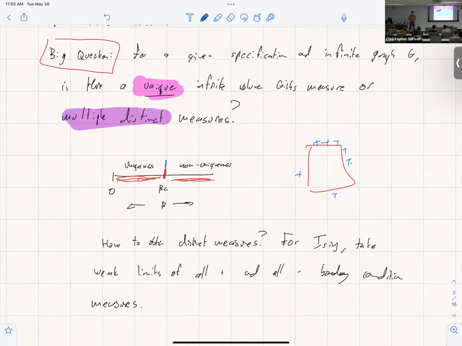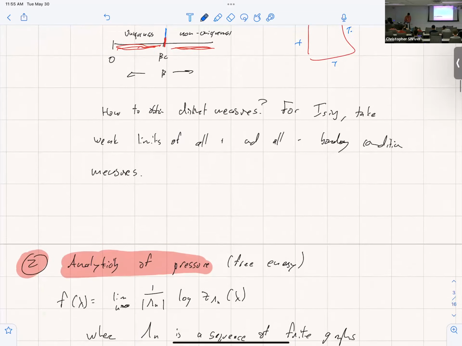So what you can do to create two different Gibbs measures is put all even occupied boundary conditions or all odd occupied boundary conditions. A caveat: we don't know that what I just said about the point at which that gives you two measures is the critical point. We don't even know there's only one critical point for hardcore. So things can get complicated fast.